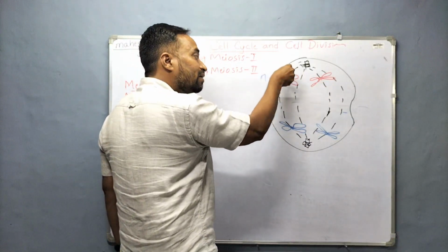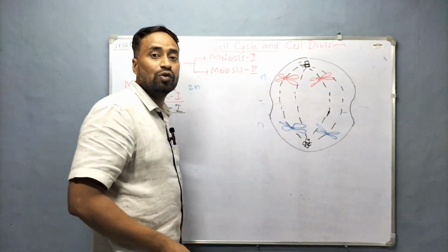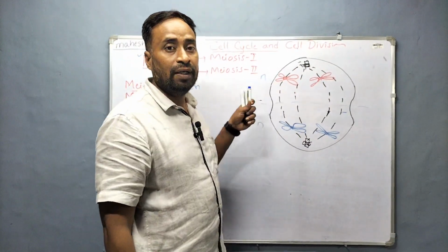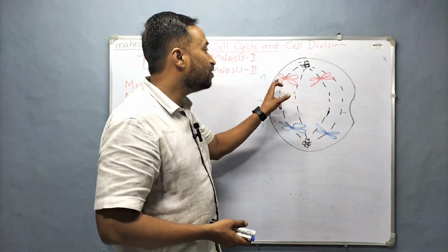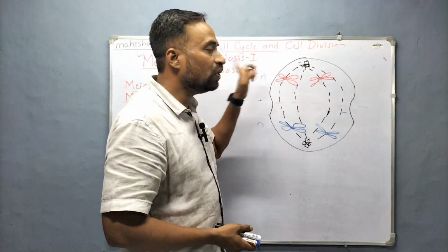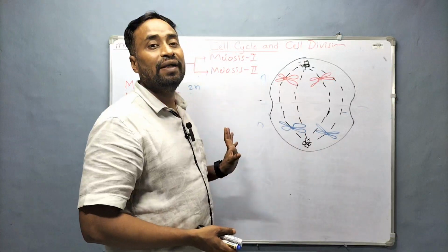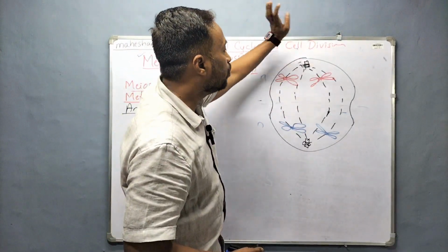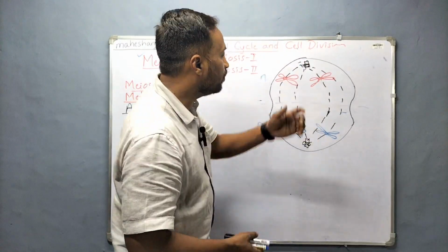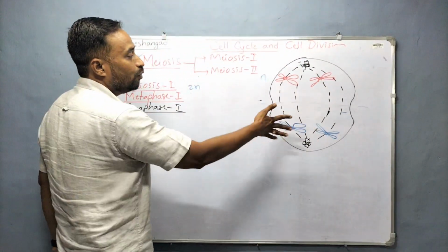Still, the sister chromatids are there on the homologous chromosomes. Note this point, it is going to be very, very important. Half the number of chromosomes move towards one pole and half the number of chromosomes move towards the opposite pole.